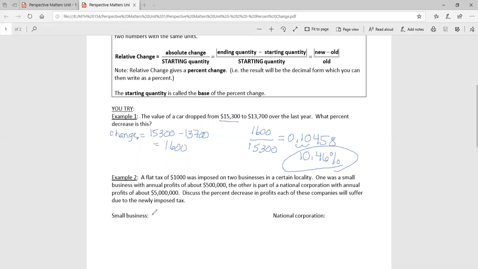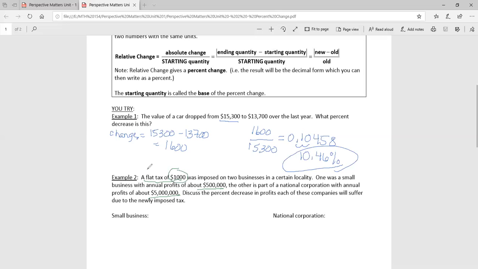Okay, so when we're going through this one, you did a flat tax. So when you think about how that's going to affect businesses, you have your smaller amount and then you have your bigger amount. It's probably going to affect a smaller company, a smaller amount, a lot more, but how much more, we'll see. So if you're trying to figure out how this fits into starting, minus, and whatnot, this is the change.